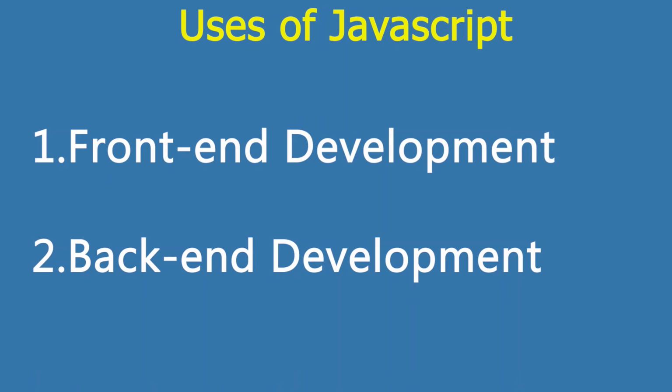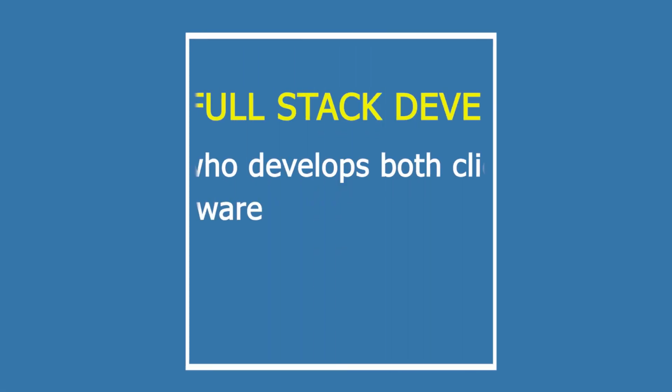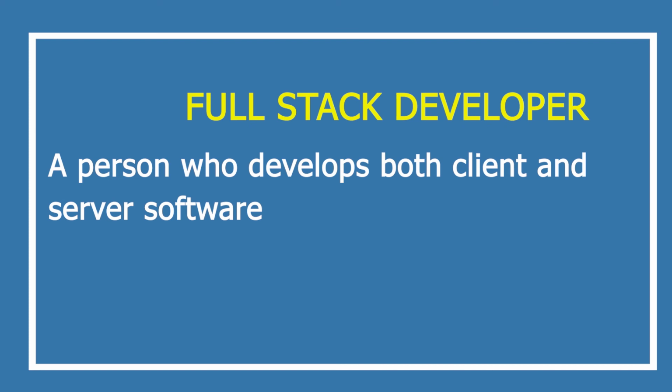So just know by the end of the tutorial, you should be able to develop a front-end web application. We should also be able to develop, using frameworks like Node.js and all that, a back-end web application. And lastly, you should be what we call a full-stack developer. A full-stack web developer in JavaScript means you can develop both front and back-end web applications.